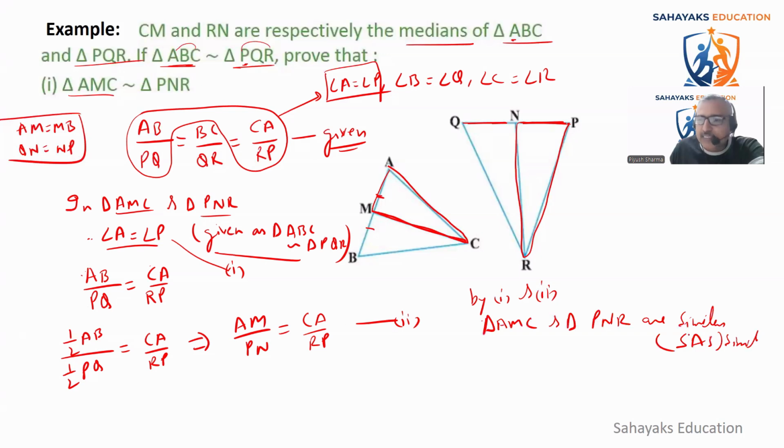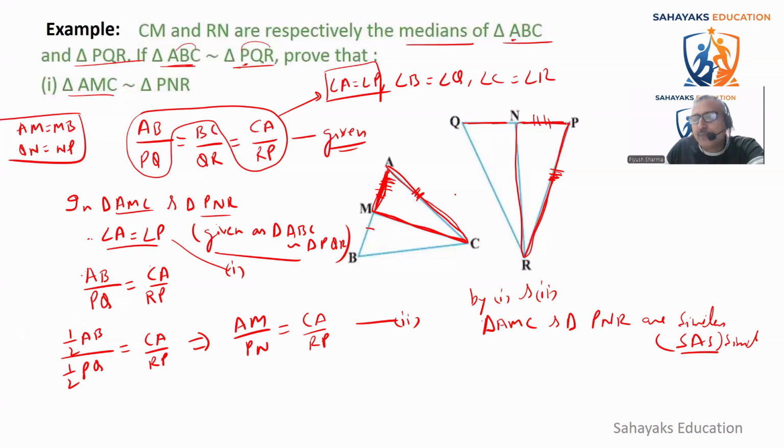Similarity. Okay, what does the SAS similarity rule say? It says that two sides, so we have this side AC by RP, is proportional to this side, and this side is proportional to this side.